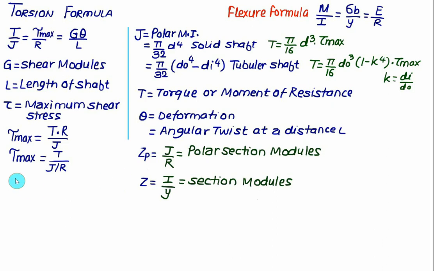So tau max, the maximum shear stress due to the torque T, is T divided by Zp.